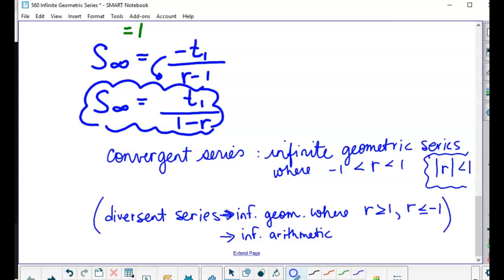Those are called divergent. And you've used words like that before in science or just in life. If you diverge, then you're going off on a different path, right? If you're talking about even walking with people.